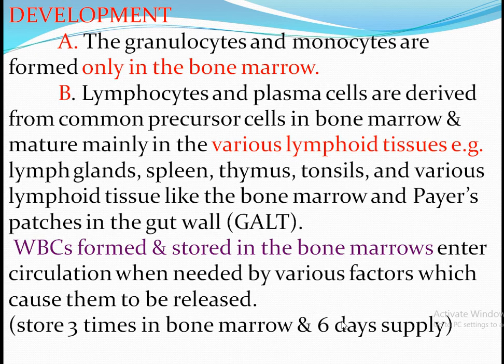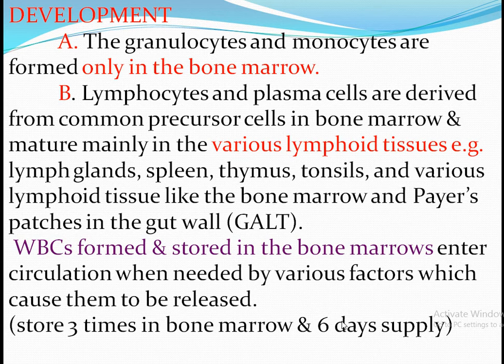For that purpose, we will discuss how they are going to attack the infectious site. That will be studied in the next lecture in much more detail. The lymphocytes are mostly stored in various lymphoid tissues, as I have told you, and megakaryocytes.